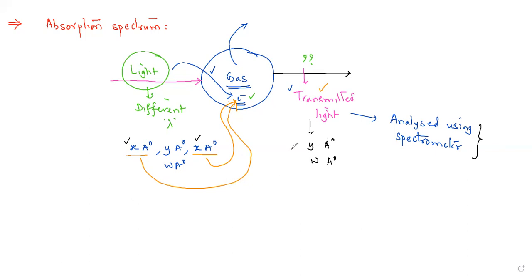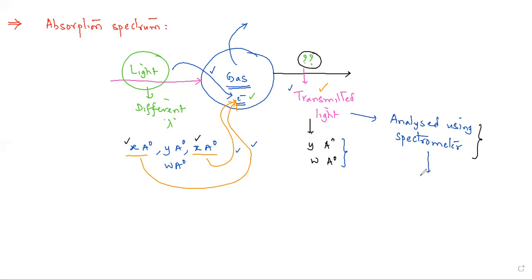What have not been absorbed? Y and W. So in the transmitted light, the portion of the radiation that is absorbed by the electrons will be missing. X and Z are missing in the transmitted light because they have been absorbed by the electrons, and only Y and W are available.